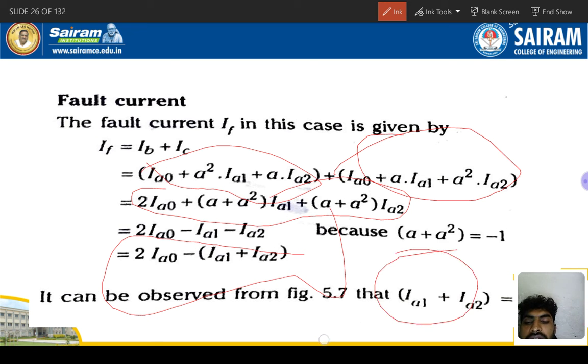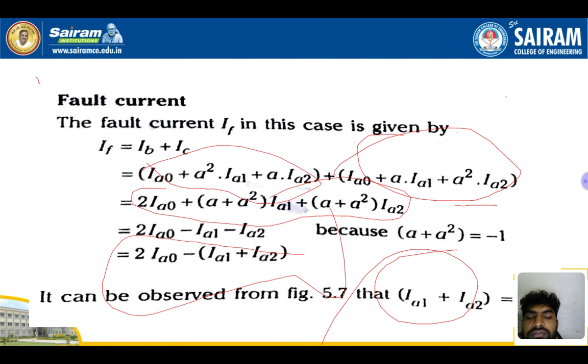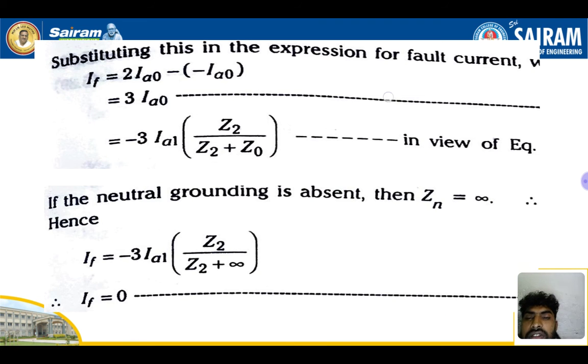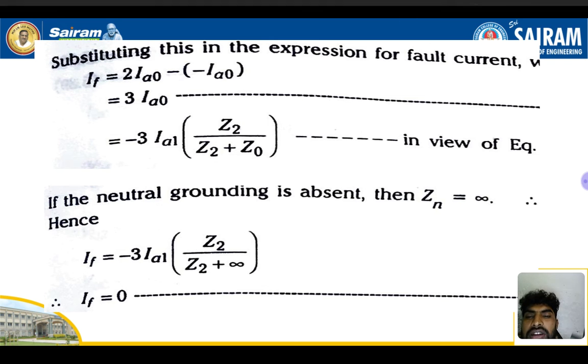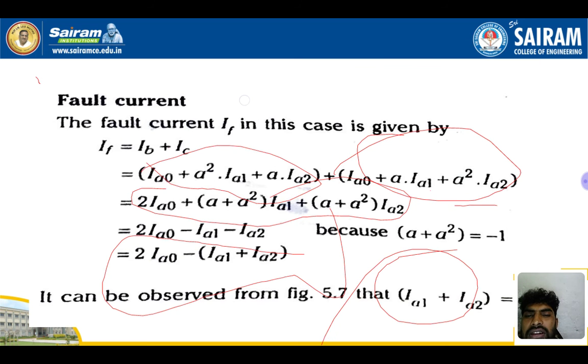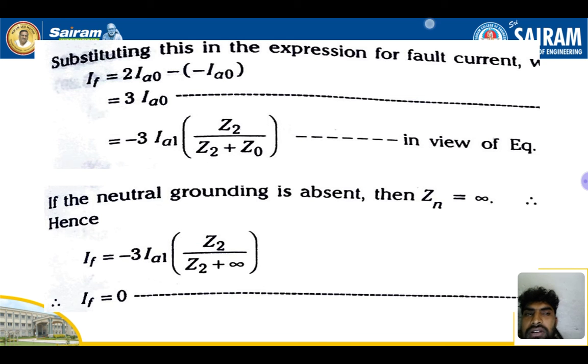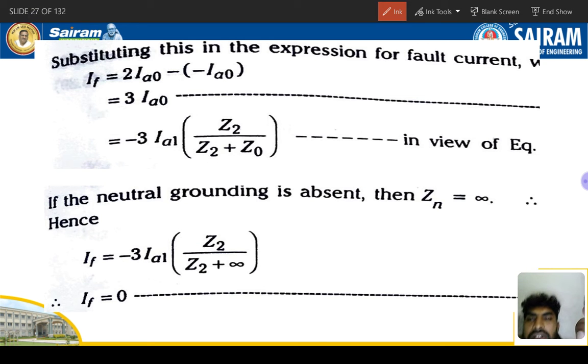IA1 plus IA2 is what, from the circuit figure? That is IF, and substituting the expression, 2 I0 minus I0, so 3 I0, so 3 I1 times Z2 into Z2 plus Z0. This is the equivalent impedance formula they used, right?